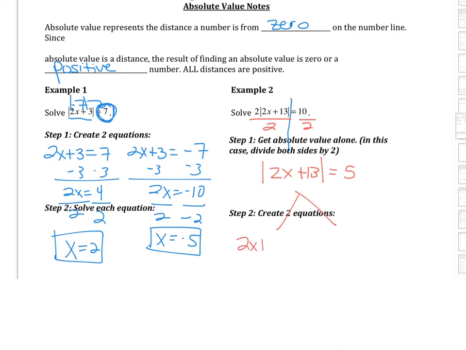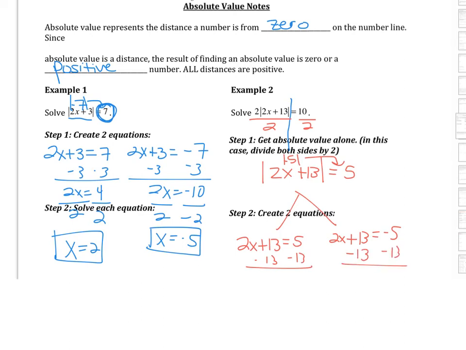2x plus 13 could equal 5, or 2x plus 13 could equal negative 5, because the absolute value of 5 gives me 5, but the absolute value of negative 5 also gives me 5. So it should be the exact same solution steps to solve both equations.